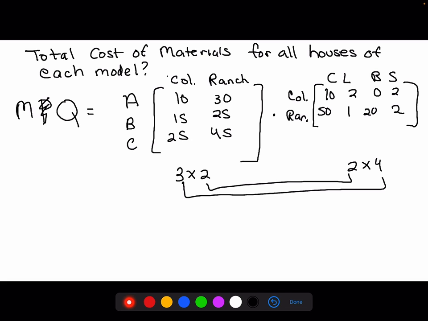All right, so the result there, I'm going to make this good size. We'll have 100 plus 1,500, so that's 1,600. And we'll have 20 plus 30 is 50. 0 plus 600 is 600. 20 plus 60 is 80.